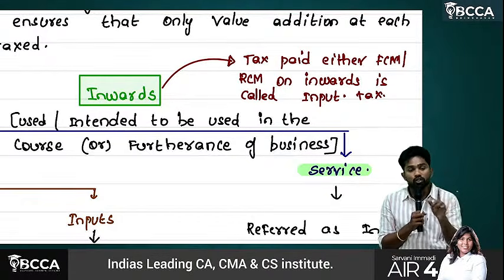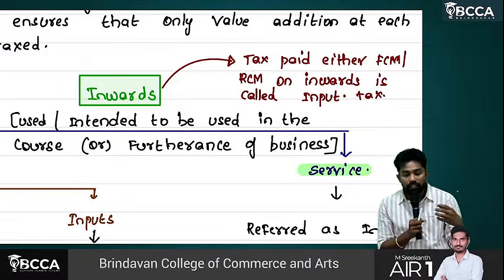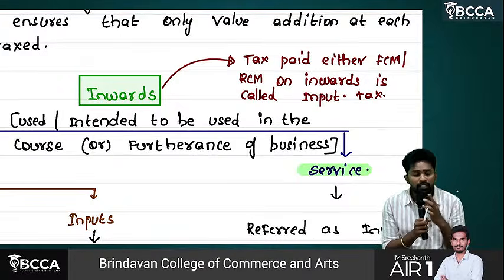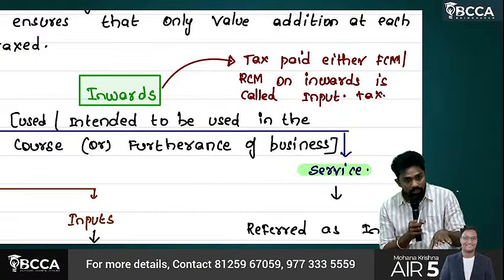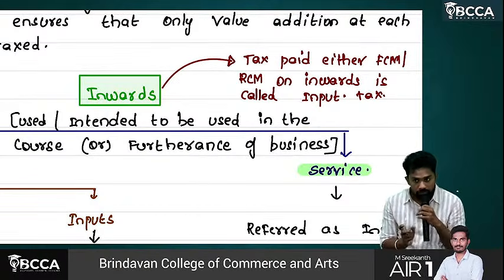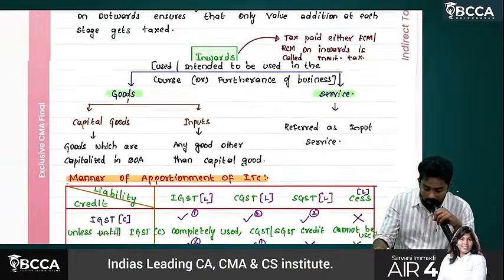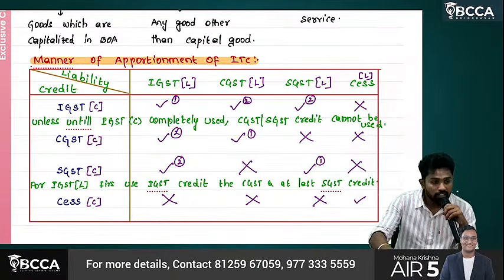FCM and RCM are not a restriction for availing ITC. The common question is, I will only pay tax under RCM, I will only claim ITC. Yes, you will only avail ITC and you will only pay tax also. Understood? Now, this one is about the manner of apportionment of ITC.